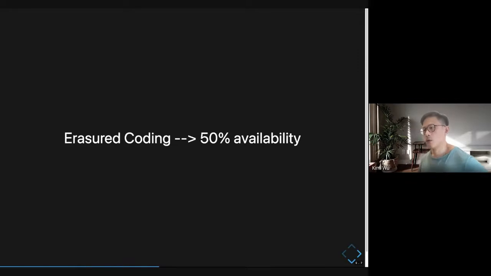But this kind of situation is not acceptable, because if you miss one piece of data, you cannot reconstruct the data. So how do they fix this? They use erasure coding. What is erasure coding?